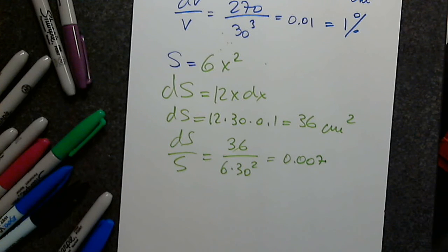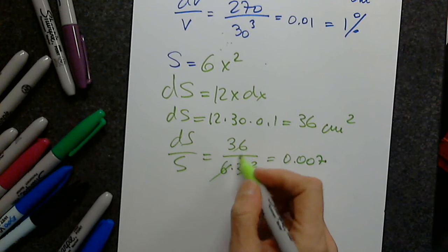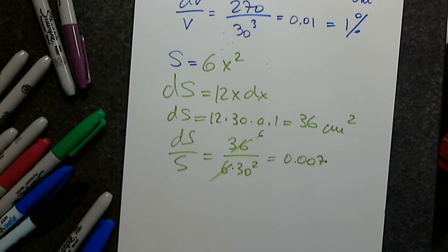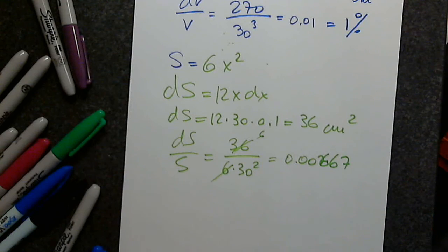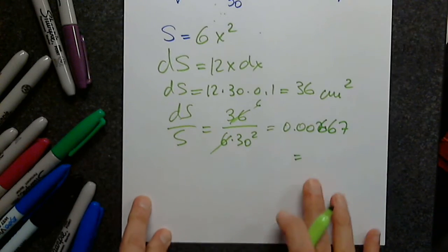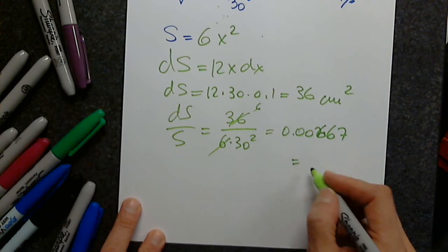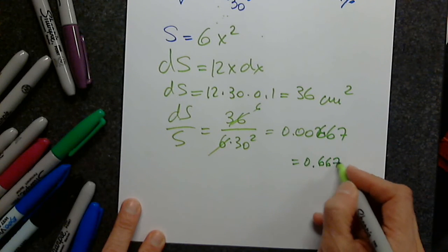Is it? So simplify, and you get just 6 divided by 900. Yes, perfect. 0.00667, I will write. Good. So now this in percent, no measurement unit. This in percent is 0.667%.